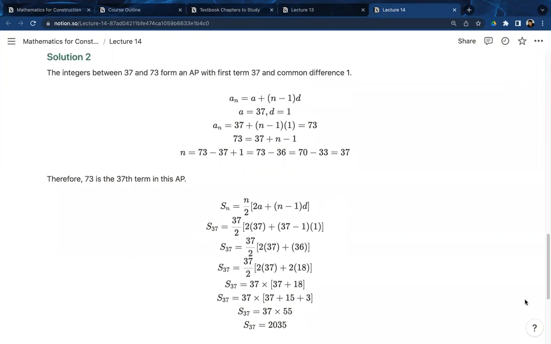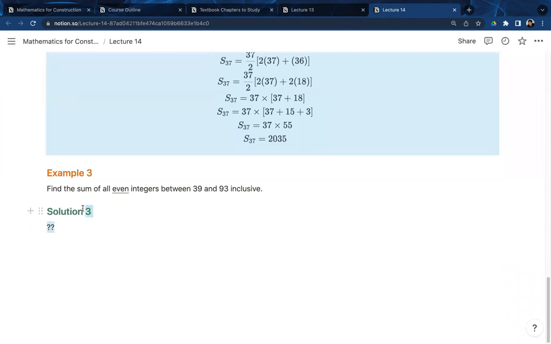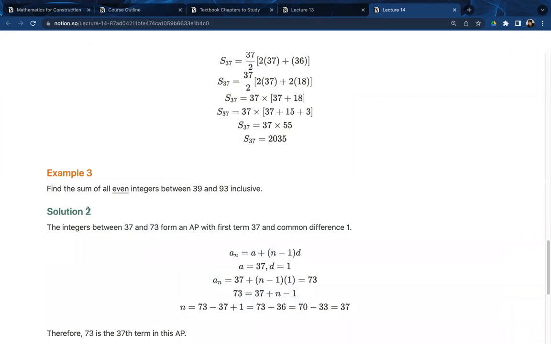So we're just going to steal these answers here and just make changes. Right? Section 3.